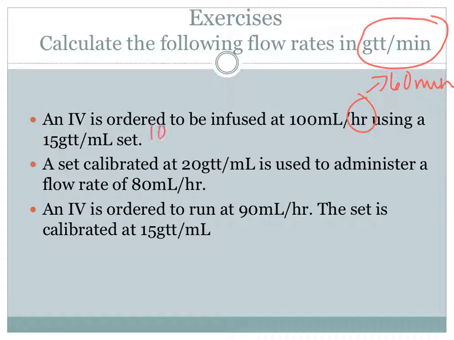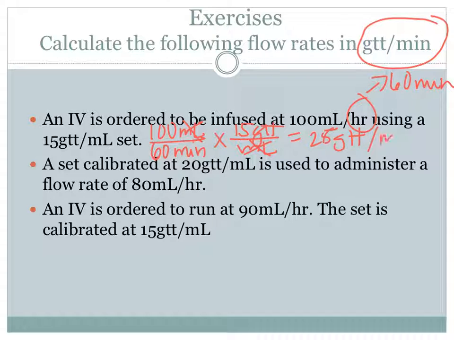So it's 100 mils over 60 minutes for the first one times 15 drops per mil. Cancel out the milliliters. And then you will get 25 drops per minute as your answer by taking 100 times 15 divided by 60, and that gives you 25 drops per minute.